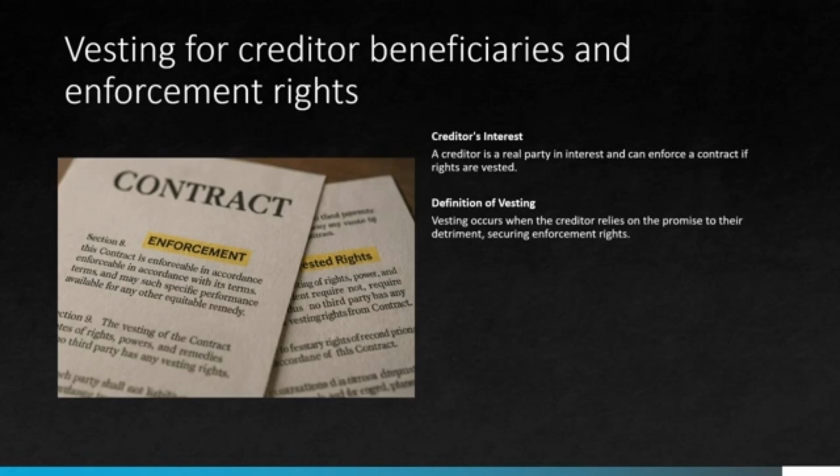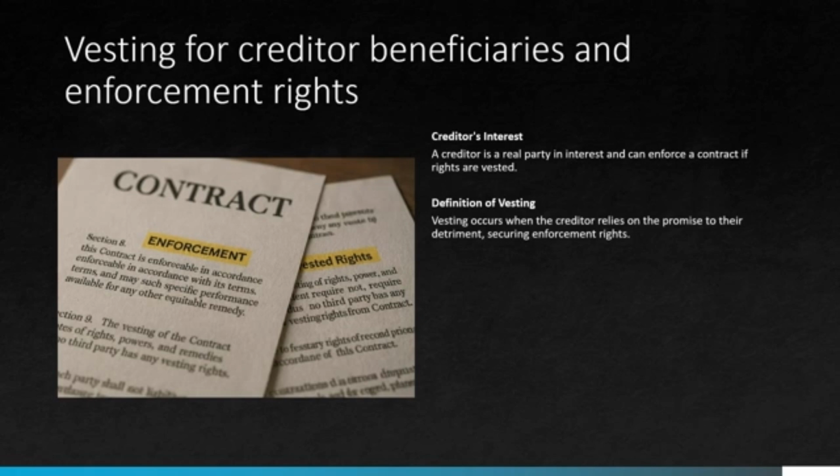Now, how do we determine whether the third-party creditor beneficiary's rights have vested or not? The key to this is, have they relied on the promise to their detriment? You've seen this language before. It's called promissory estoppel.